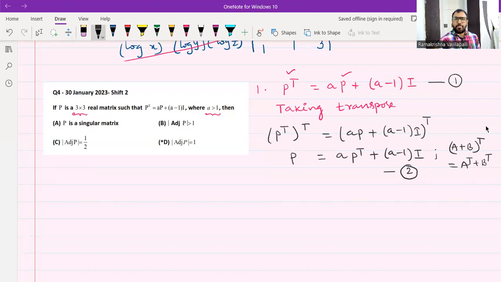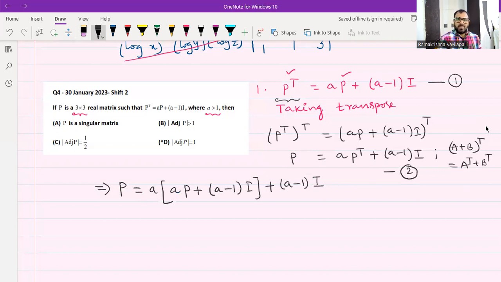So substituting the P transpose value from 1 in 2. What is P transpose? P transpose is nothing but AP plus A minus 1 into I, and plus A minus 1 into I. That's it. Because we want to find P exclusively, without involving P transpose.